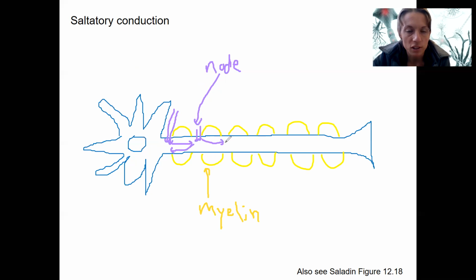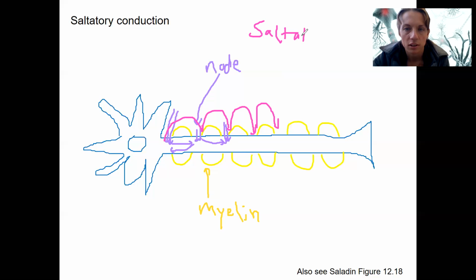When sodium flows down this direction, it's going to cause the channels here to open. So by that mechanism, we're able to jump from node to node. The signal jumps because of the insulation. The ions are actually able to move farther within the cell. That's called saltatory conduction.